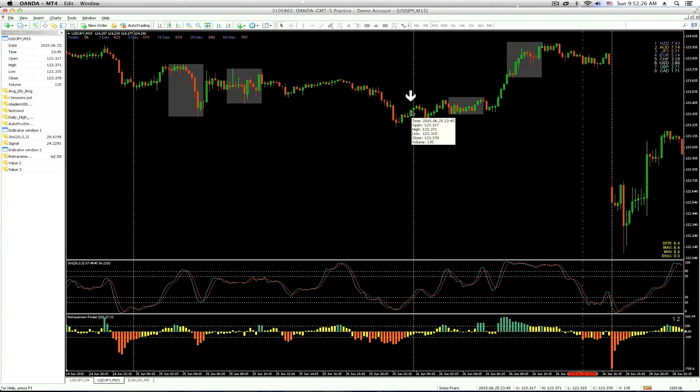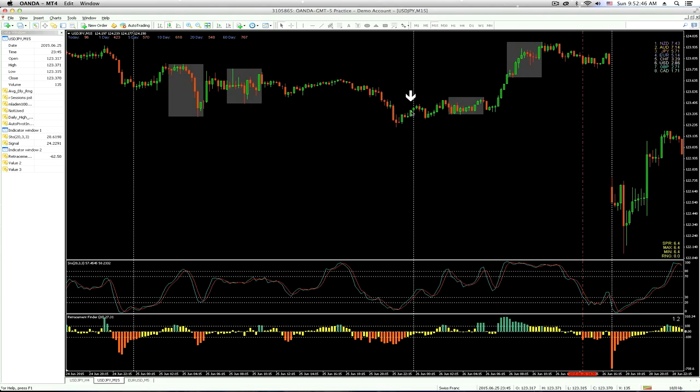At any rate, this would have been the entry right here. Well, excuse me, this is the 4-hour close of the candle we were just looking at. I'm back on the 15-minute now, sorry. This would have been the 4-hour close on our signal candle from the dollar yen.